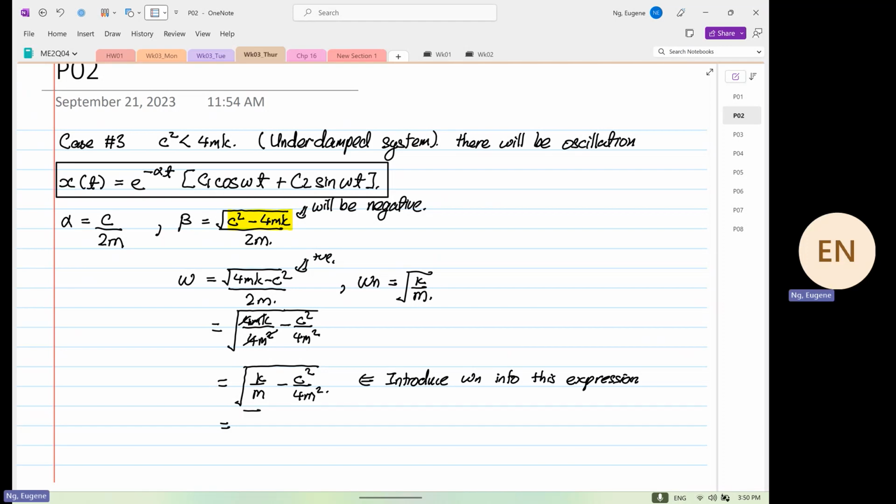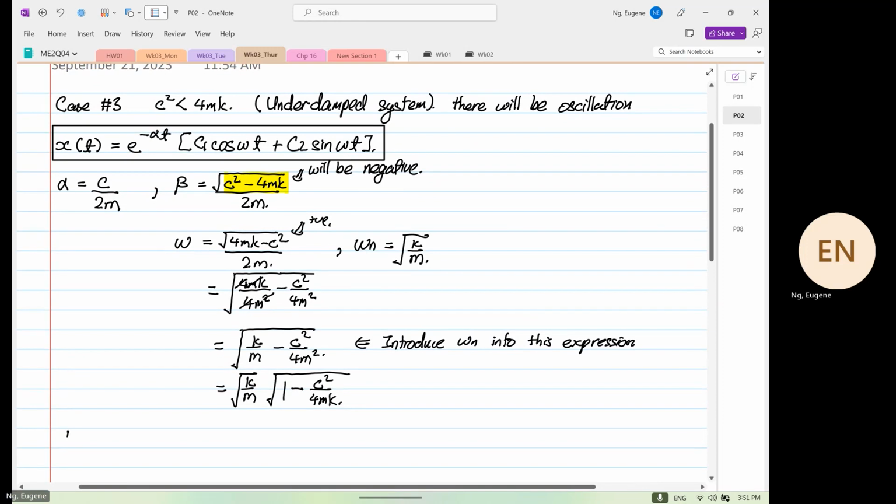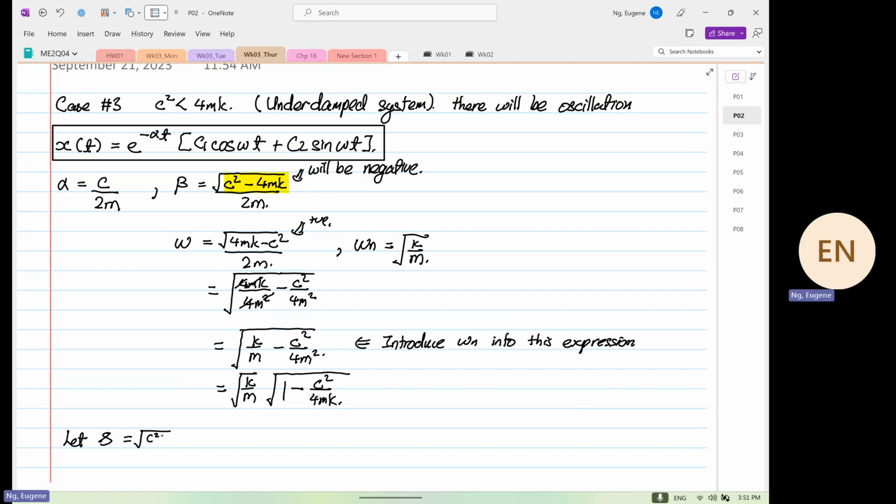So over here, we have square root k over m multiplied by the square root of 1 minus c squared over 4mk. From here, we let zeta be equal to square root of c squared over 4mk.